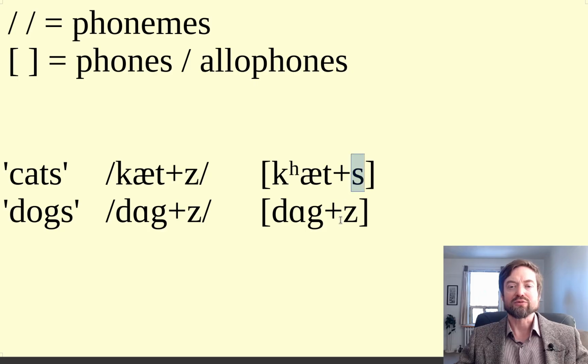And the difference between these two things is entirely predictable. So that's why they talk about this idea of being allophones. The word allo means other. It's like other sounds. The idea is that you have one phoneme, which is the Z here, but that phoneme has two different allophones, or ways that it can appear in the word.